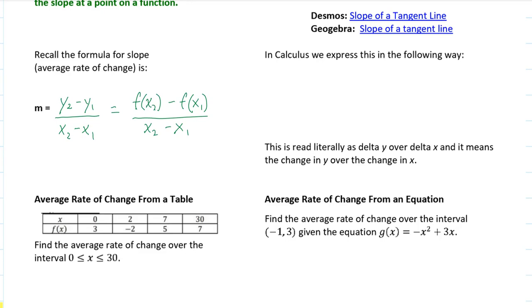We know from algebra that the slope is the change in y over the change in x, and we're going to define that using these symbols. This little triangle symbol is a delta symbol, so we're going to call this delta y over delta x.